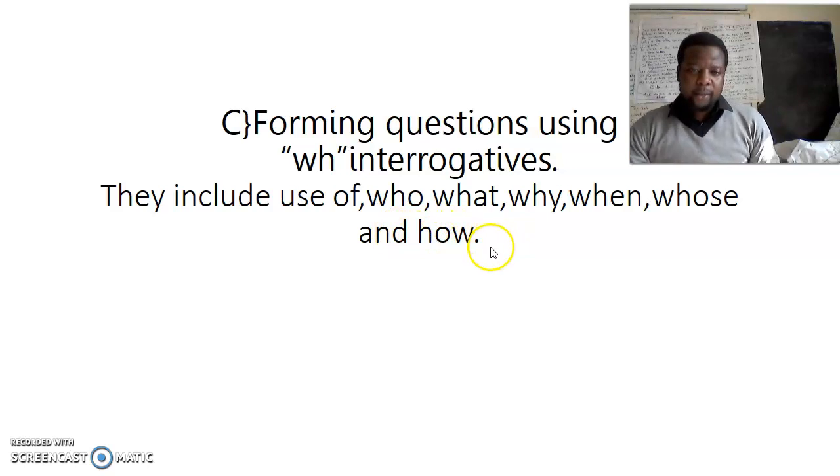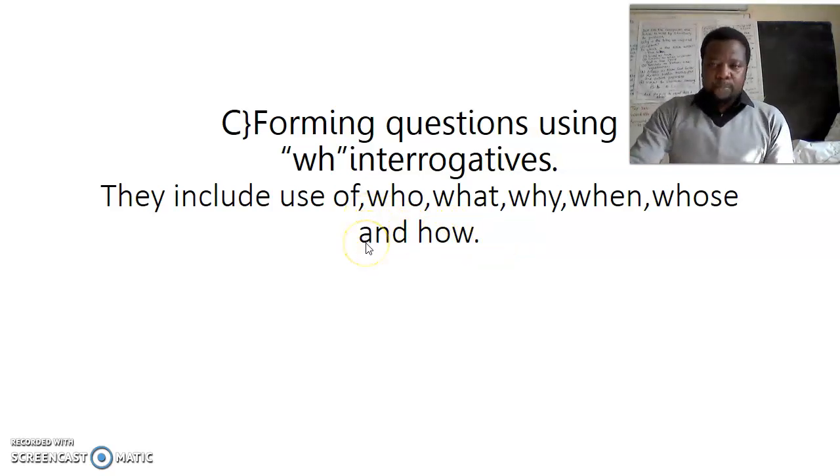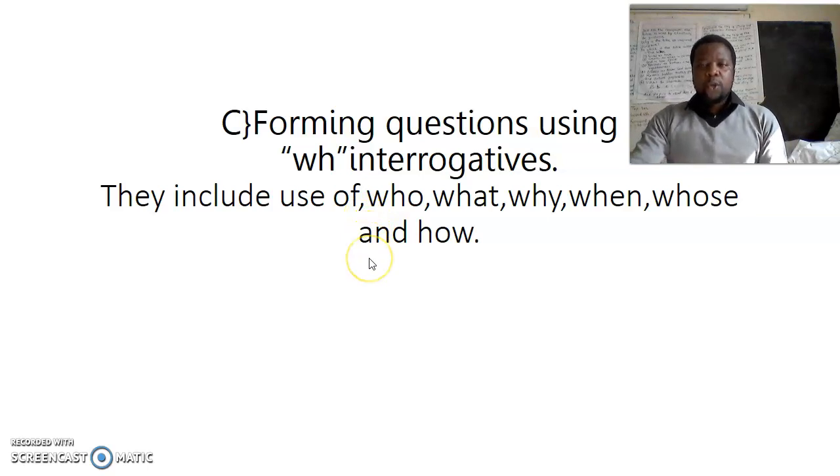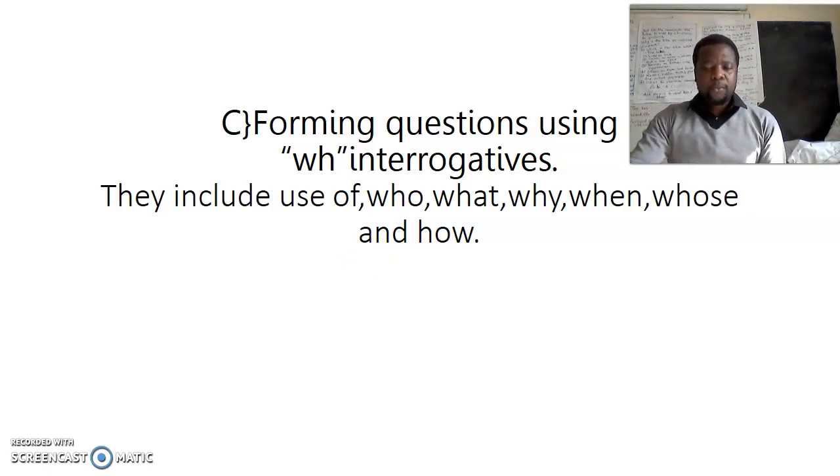How is the unique one. All those are interrogatives. They help when we are asking questions. So in this case, we don't have the helping verb, neither are we required to use the do form, but we are simply going directly and forming the question.